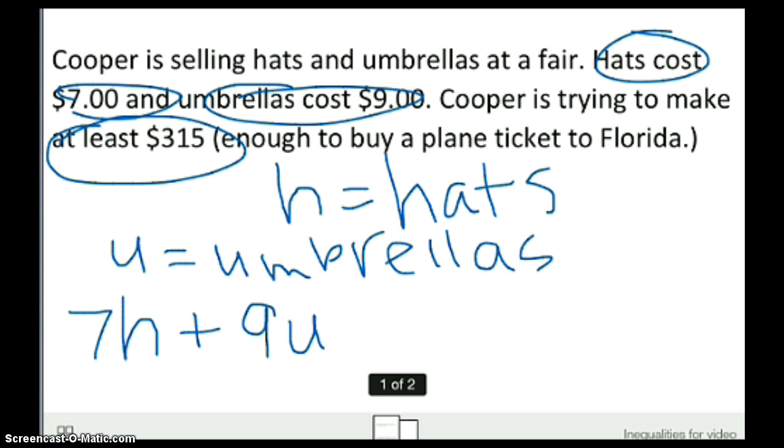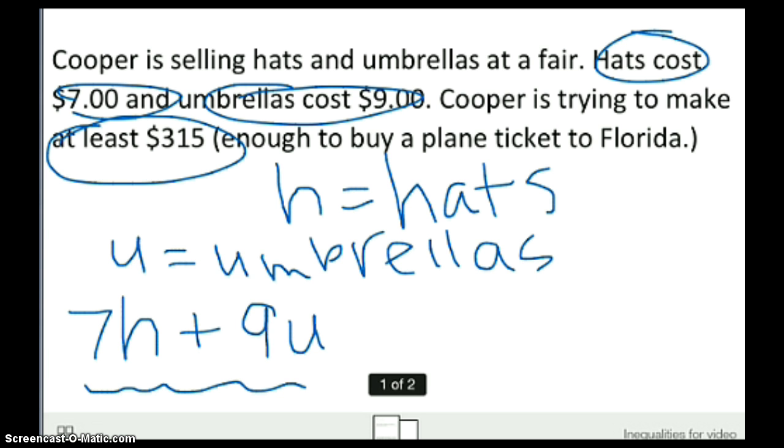Okay, that is how much he's going to sell. And he wants this amount right here to be at least $315. At least. Which symbol is that? Would he be happy if those two amounts equaled $300? Because that's a little less. Would he be happy if those two amounts together equaled exactly 315? How about if they equaled 320 or 350?